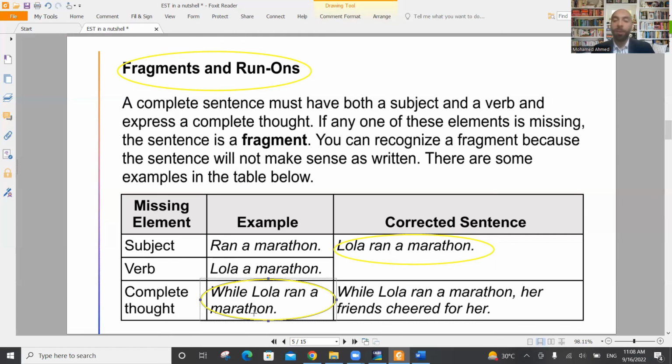How to fix this one? It's very easy. I'm going to add an independent clause, like here: while Lola ran a marathon, her friends cheered for her. So now, while Lola ran a marathon, her friends cheered for her. In this case, I could fix that type of error.